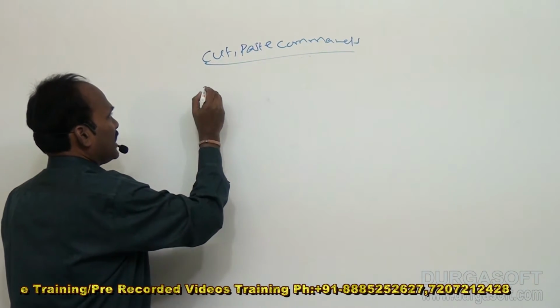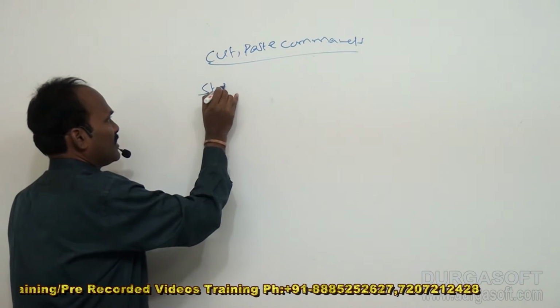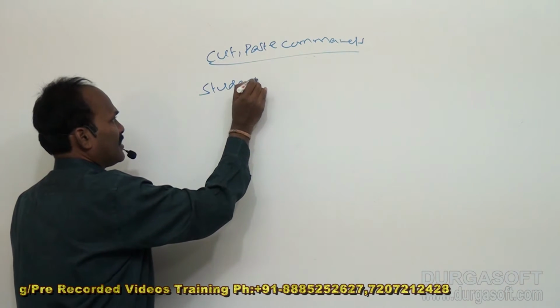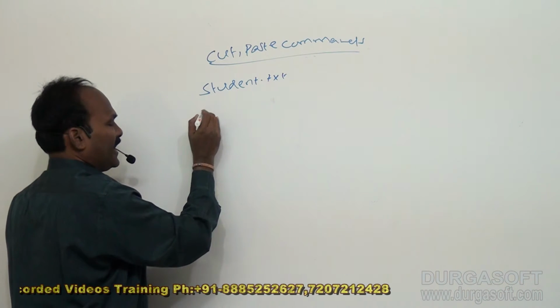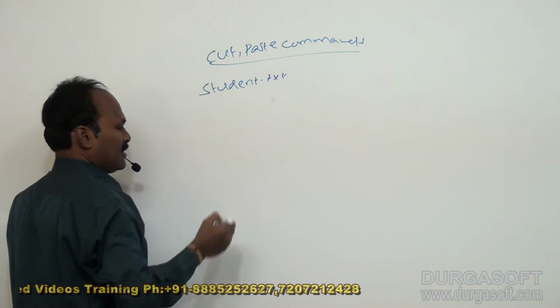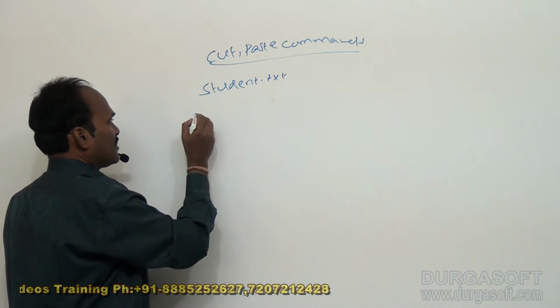Suppose here I have one file called student.txt. In the student.txt file I have fields like id, name, and marks.